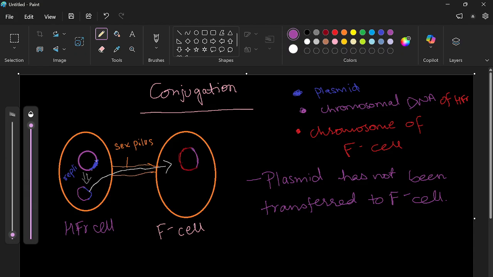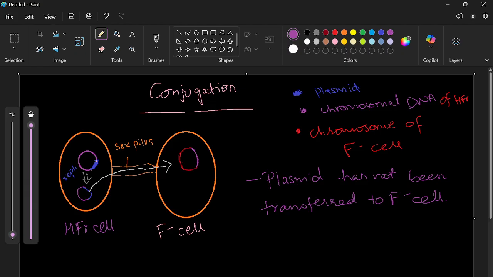So what is happening in this case is that when this chromosome replicates, a portion of it goes into the F minus cell, and the portion that has gone in is the normal chromosomal DNA of the HFR cell and not the plasmid.